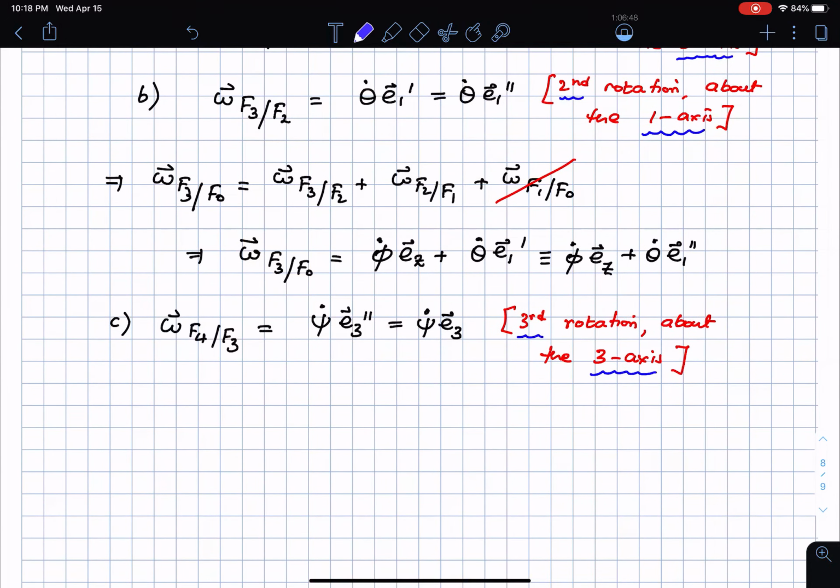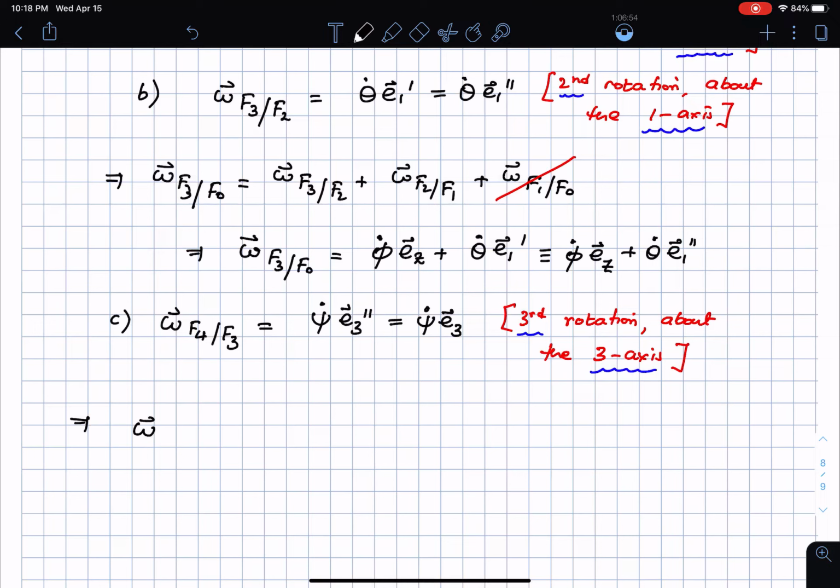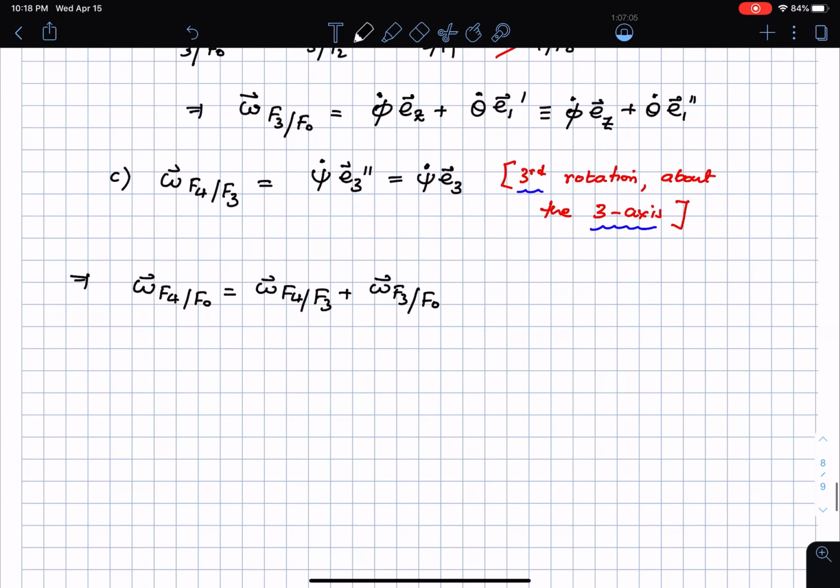If I go forward to the next step, omega of F4 slash F0 is omega of F4 slash F3 plus F3 slash F0, which I had in the previous step. This essentially is going to be the omega of the rigid body, the omega of the coin. So omega of the coin is going to be phi dot Ez, theta dot E1 prime, and then psi dot in the E3 double prime.